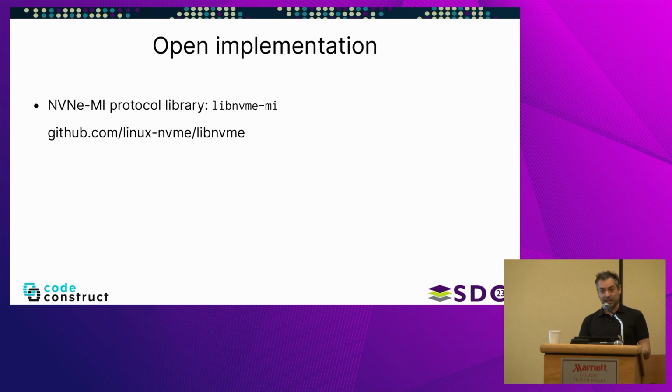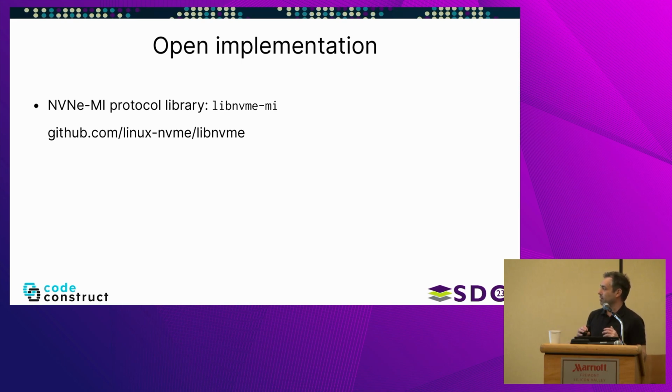In terms of the implementation, we have some support now in the open source libnvme project, which performs the MI messaging commands over the support we added into Linux in our socket interfaces.